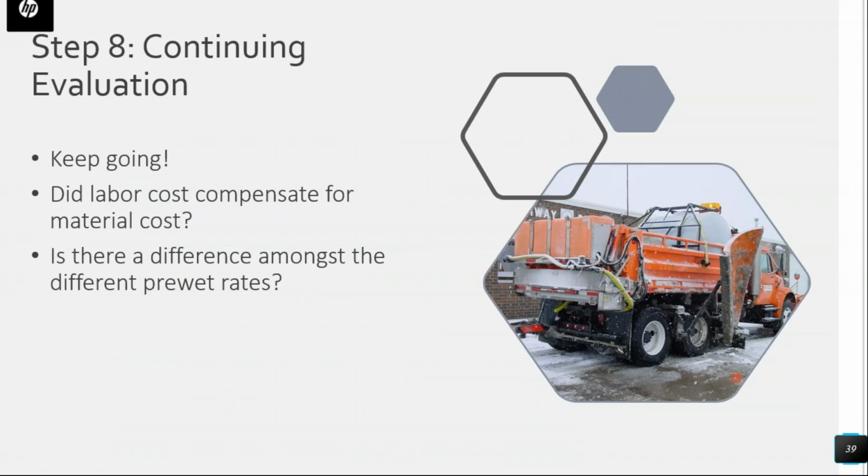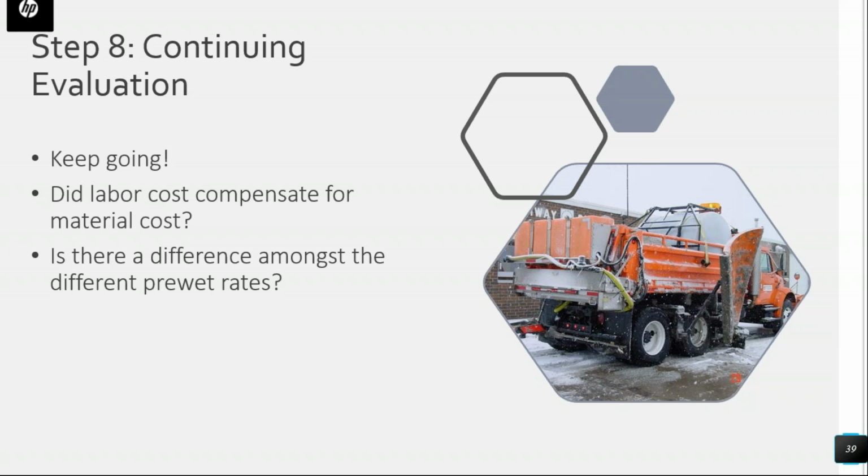Now, the next step 5, continuing evaluation, is, well, maybe you can keep going. Did labor costs compensate for the material cost? Did the folks that used the pre-wetting have to expend more labor hours that would have balanced out the benefits they gained through the material costs? Or did they help save on that side too? Because that could be a double bonus.